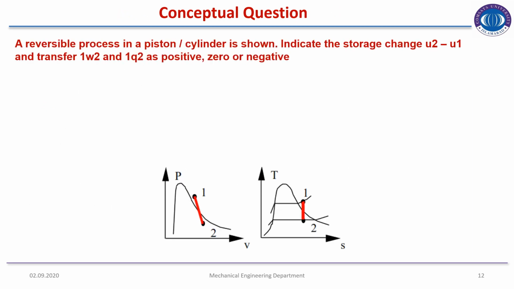So here is a conceptual question. A reversible process in a piston cylinder is shown. Indicate the change in stored energy U2 minus U1, the transfer of work for 1 to 2, and the transfer of heat 1 to 2 as positive, 0 or negative.